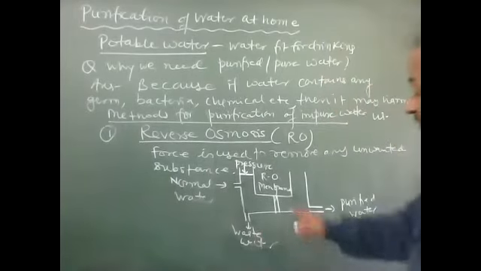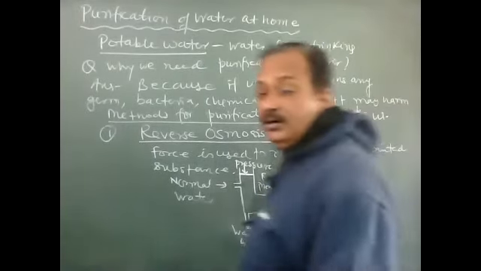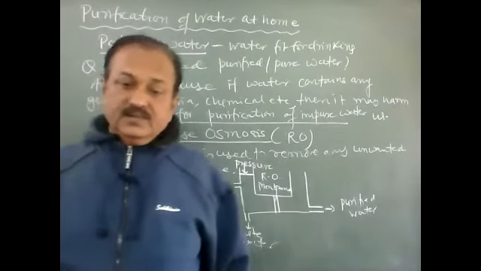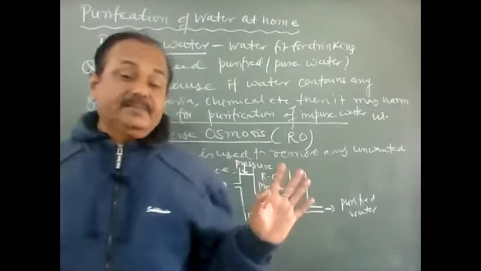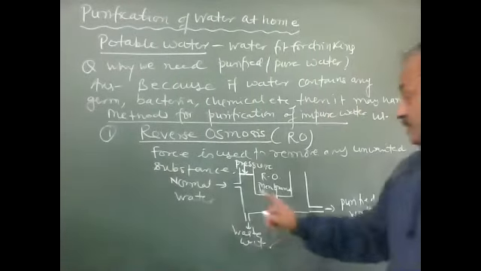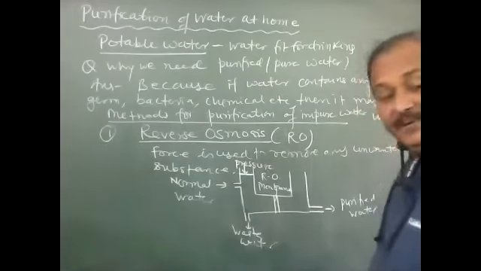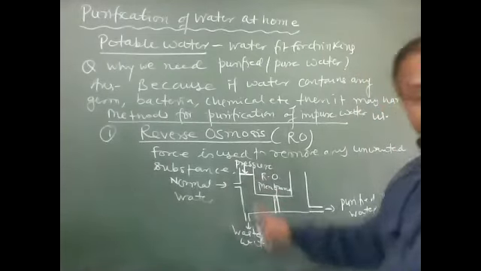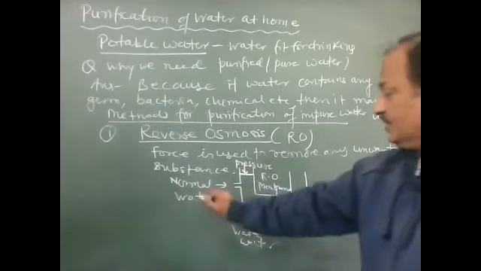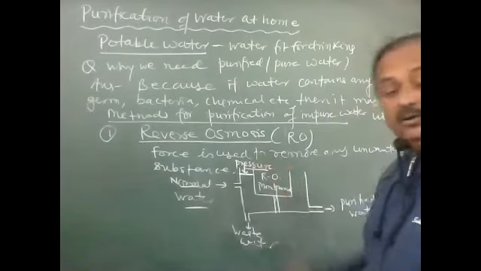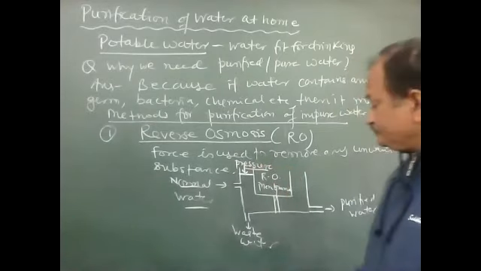So children, this is the diagrammatic representation of an RO plant. Again, I am repeating. This is a chamber. On one side, we are passing the normal water. Here there is the pressure due to the machine of the RO.